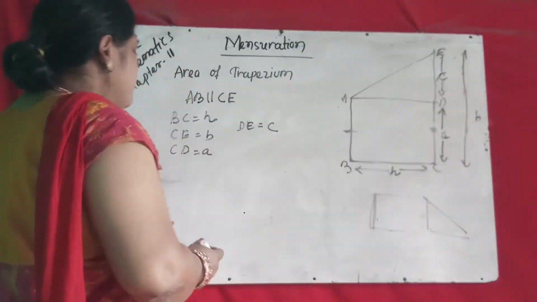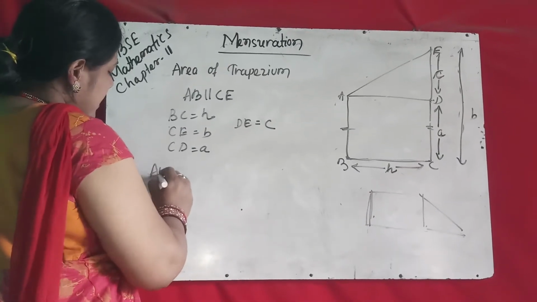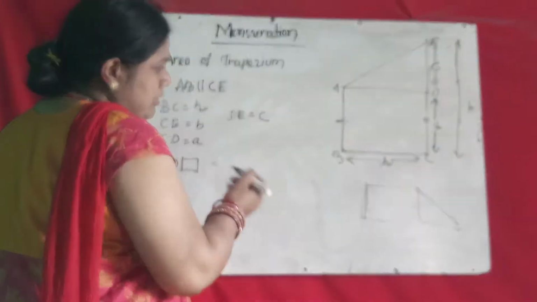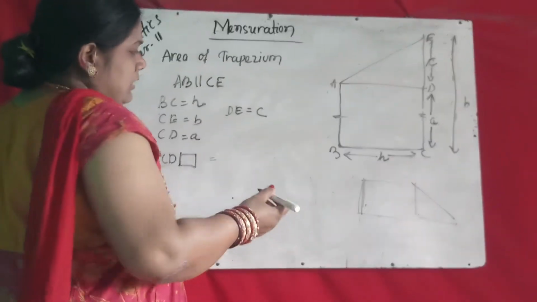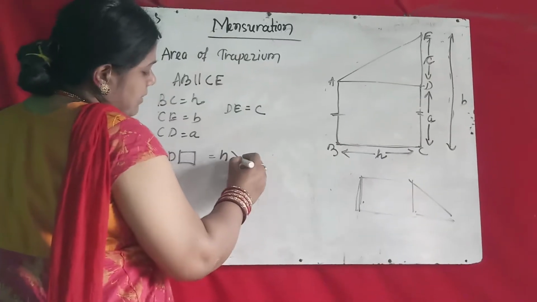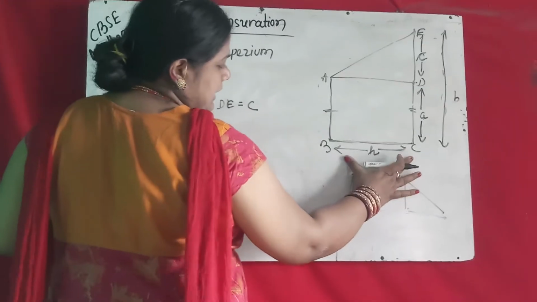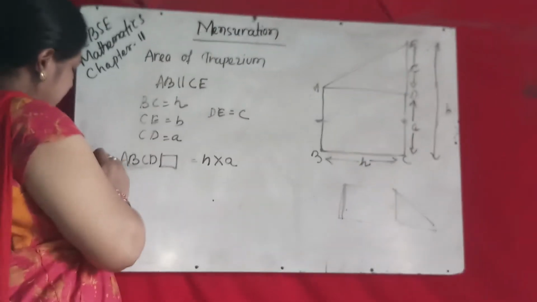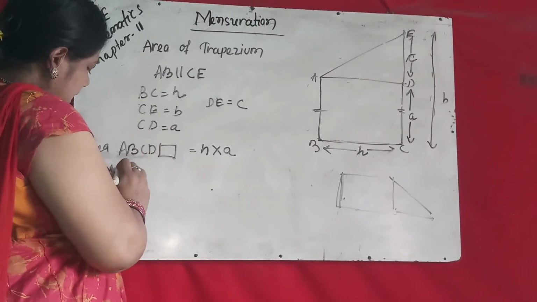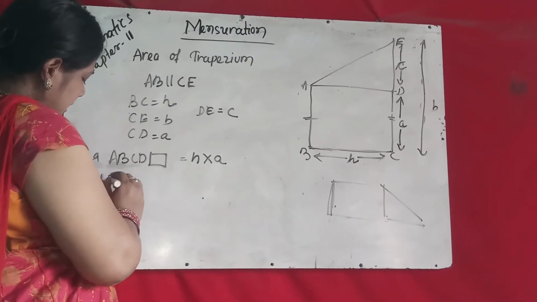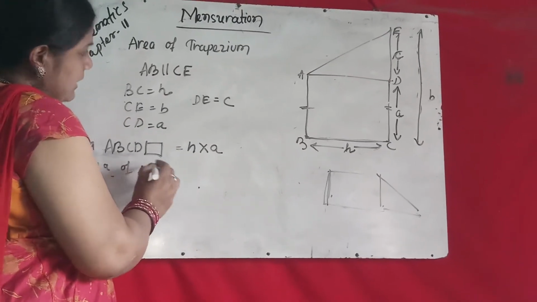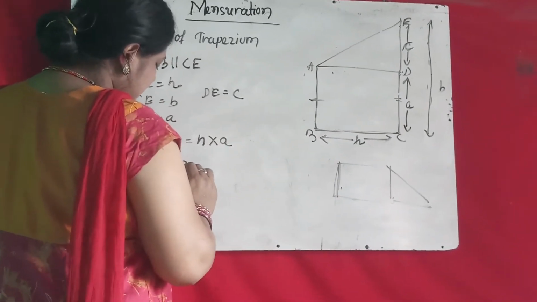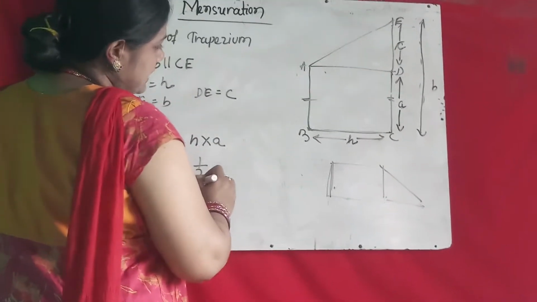Suppose ABCD is a rectangle. What is its area? Length into breadth. If the length is H and breadth is A, the area is H into A. Then the area of triangle ADE is equal to half base into height.